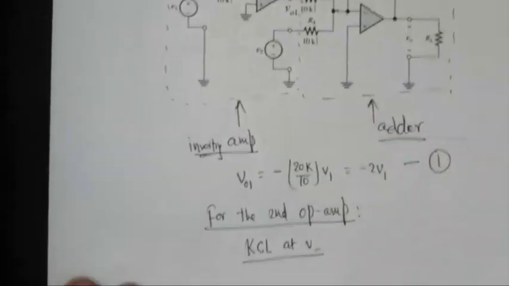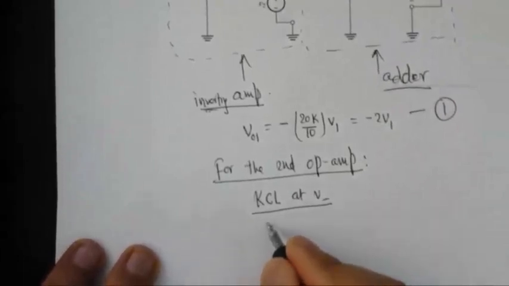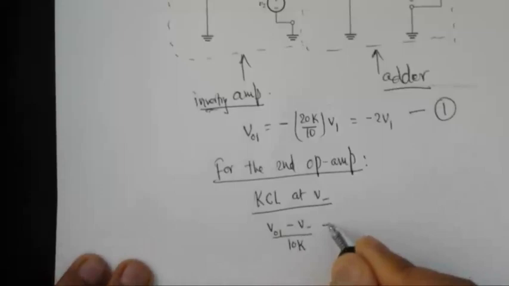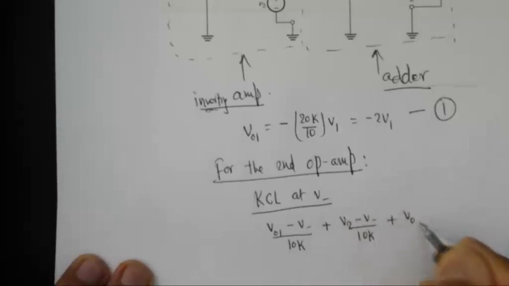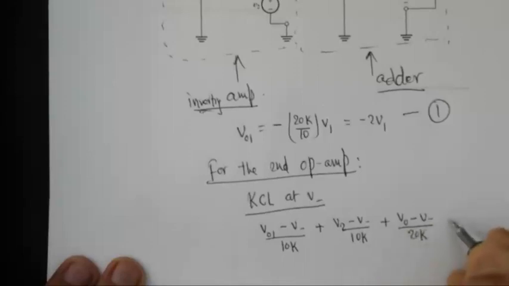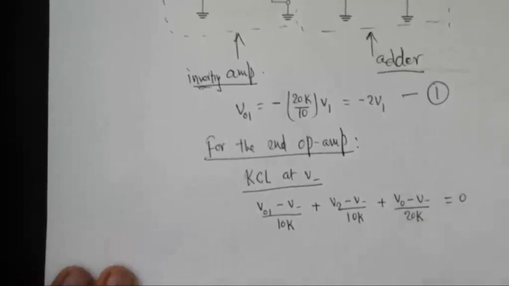Then it's going to be three things coming in: VO1 minus V negative divided by 10k, plus V2 minus V negative divided by 10k, plus V out, the very final output, minus V negative divided by 20k is equal to 0. The sum of all the currents is equal to 0.